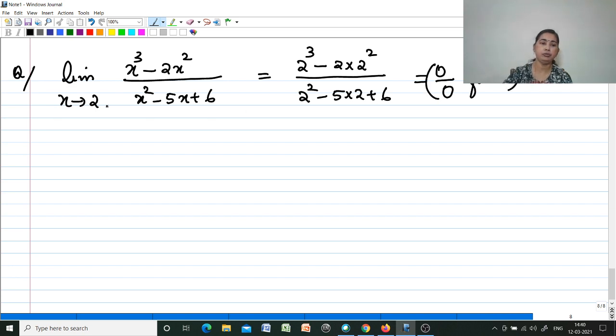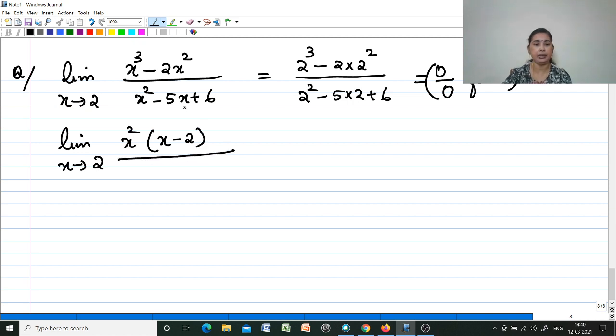So we have to go for factorization. Limit x tends to 2. Here x square is common, remaining x minus 2, divided by x square minus 5x plus 6. Factors of 6 are minus 3 and minus 2, so (x minus 2) into (x minus 3).